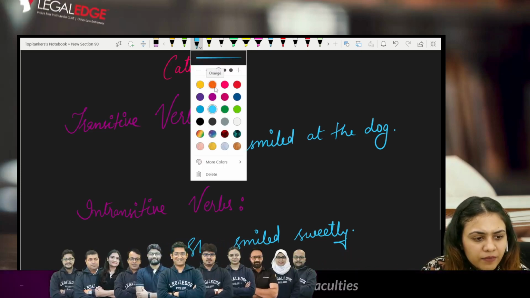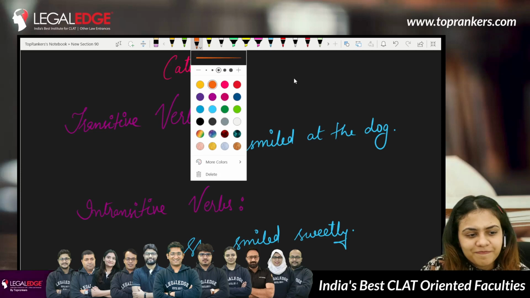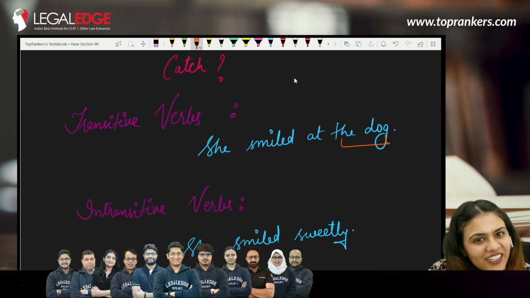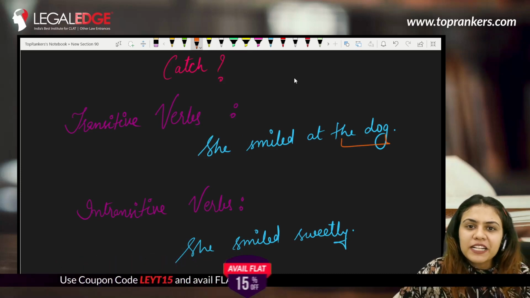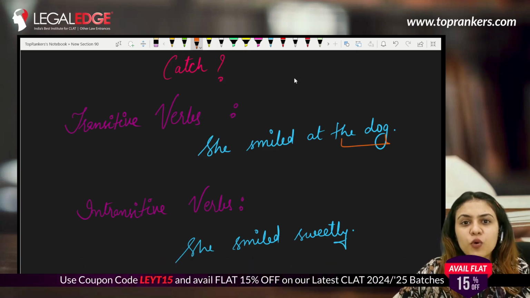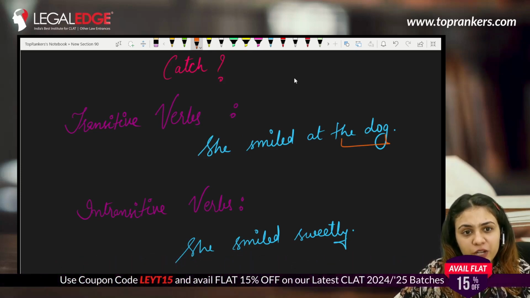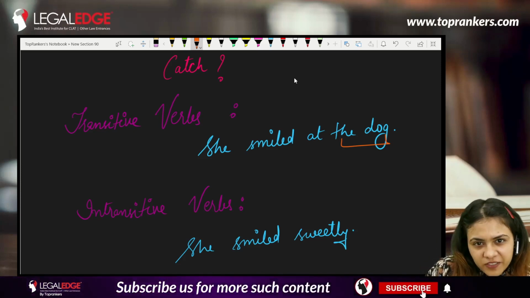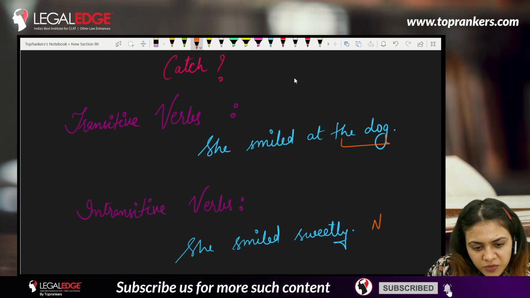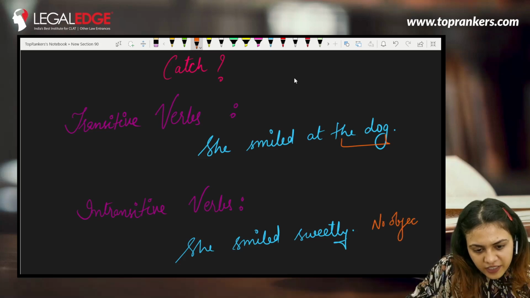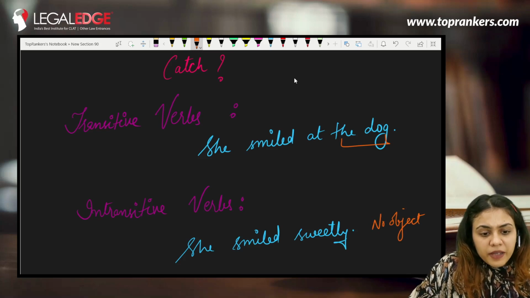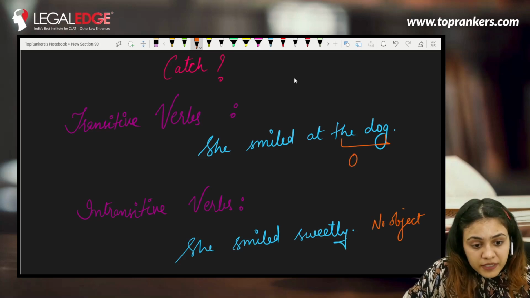Can you tell me? Is she smiling at the dog? Yes. But here she smiles sweetly. We do not really know what is she actually looking at, who is she smiling at. So can you see any object here? No object, right? She's just smiling sweetly. That's about it. So here we can see that there is an object present.